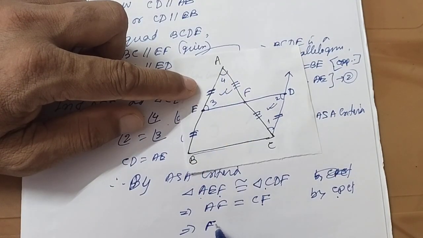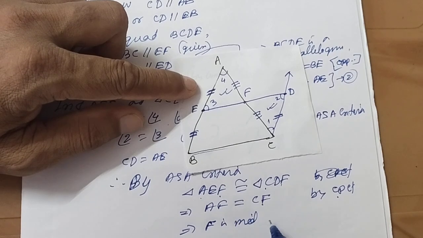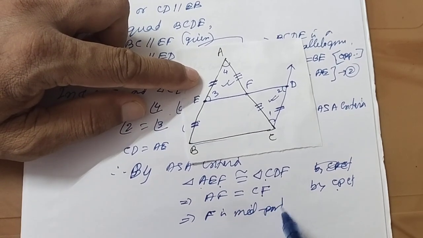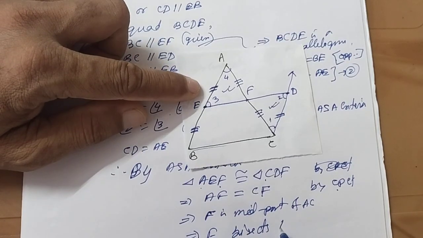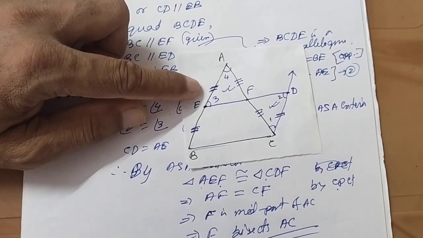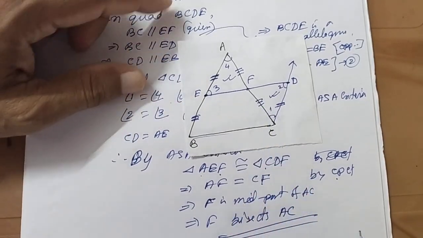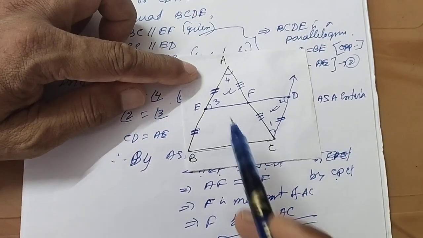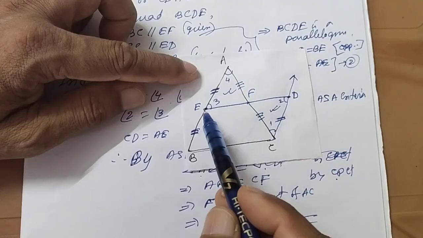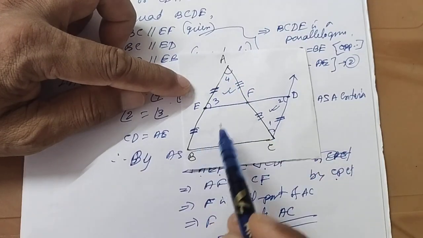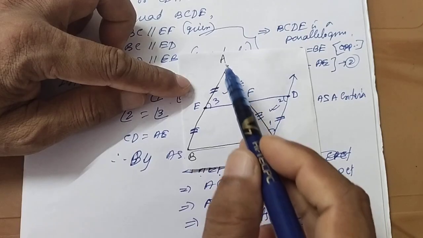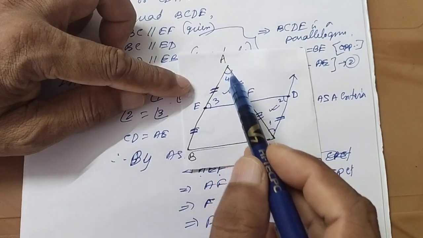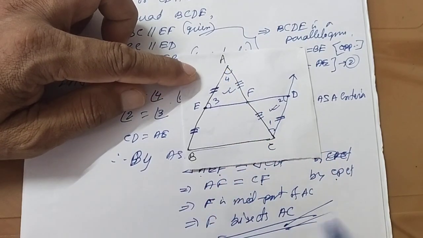So F also bisects side AC of the triangle, and this is the complete proof. The question was: ABC is a triangle in which E is the midpoint of AB, EF is parallel to BC, and to prove F also bisects the third side AC, that means to prove AF equals FC, and we have finally proved it.